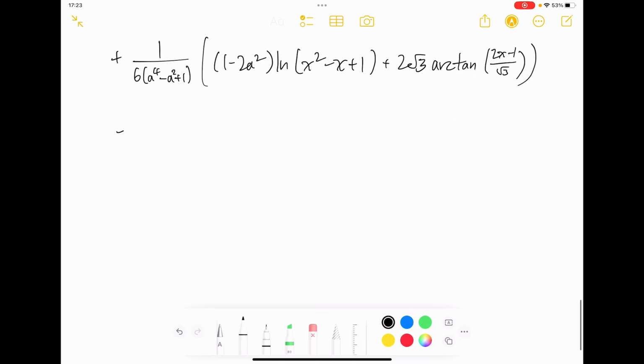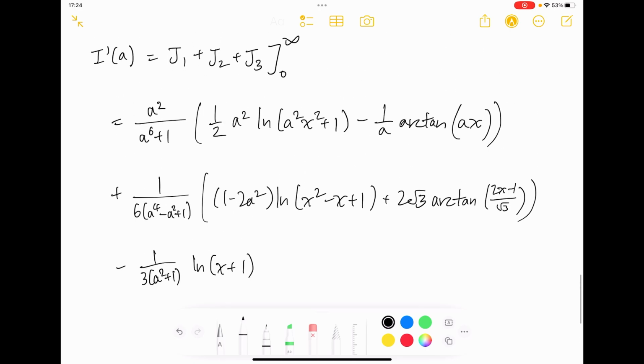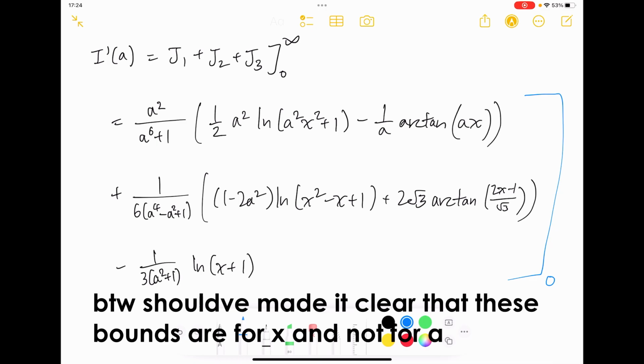And the J3 bit, which is quite simple. This is just E times ln x plus 1. So negative 1 over 3 times a squared plus 1 times ln x plus 1. And this entire thing, we will have to take bounds, which we will do.